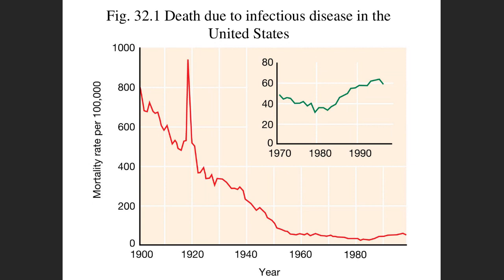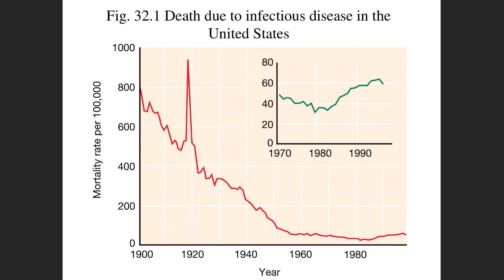And you see, as we're getting better and better, the mortality rate caused by microbial infection went down dramatically, except there was one peak period, it looks like 1917, 1918.